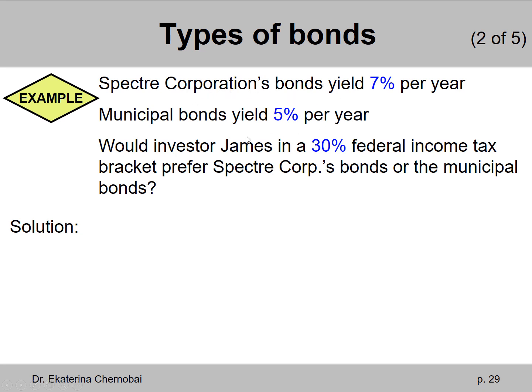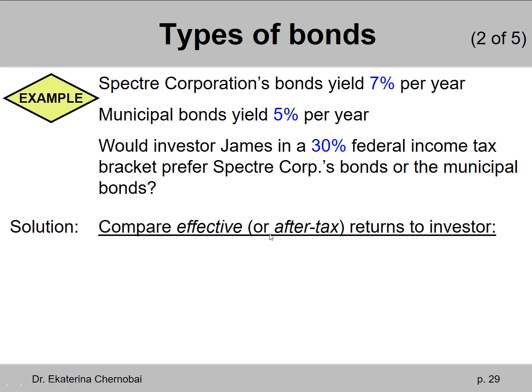At first glance, it looks like his return would be higher if he buys the Spectre Corporation's bonds, right? So we are talking about 7% being above 5%. But wait a second, remember, corporate bonds are taxed. So it could be that after taxes, the return on these corporate bonds is below 5%. So let's check that.